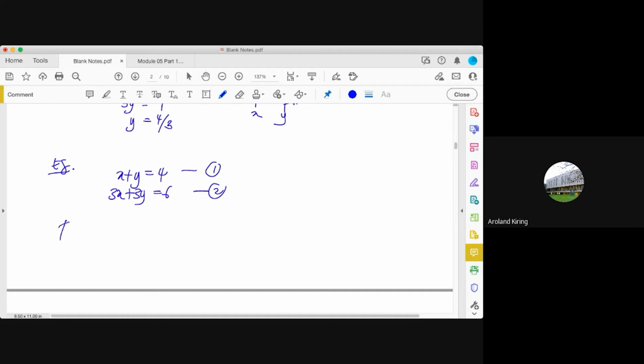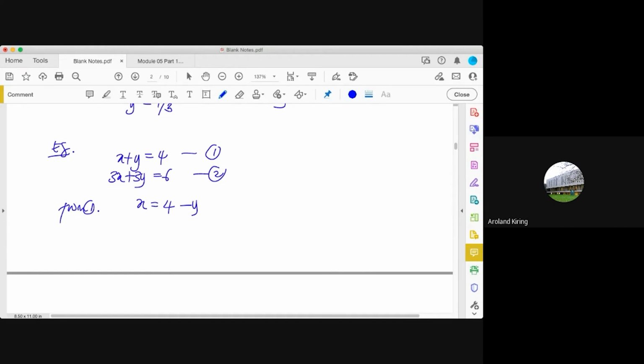So from 1, you can have x equal to 4 minus y. Okay, so from 2, you can have 3(4 minus y) plus 3y equal to 6. So here you got 12 minus 3y plus 3y equal to 6.